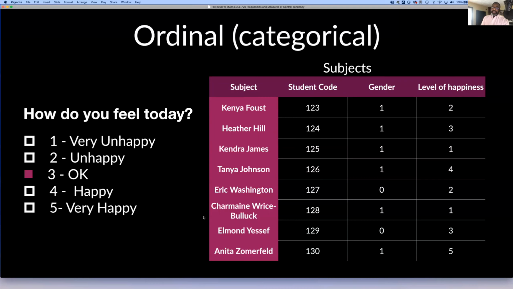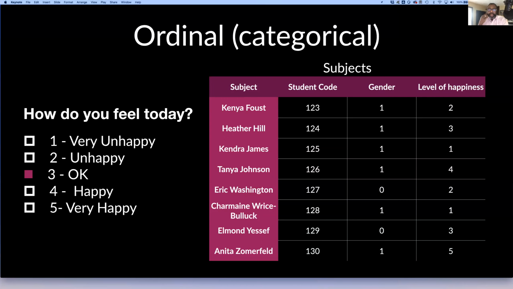But you see how these are all categorized. And you can imagine if you had 1,000, 2,000 entries here, and you were trying to determine, is there a relationship between gender and level of happiness, how those numbers can help you quantify that and see if there's a relationship. Okay.